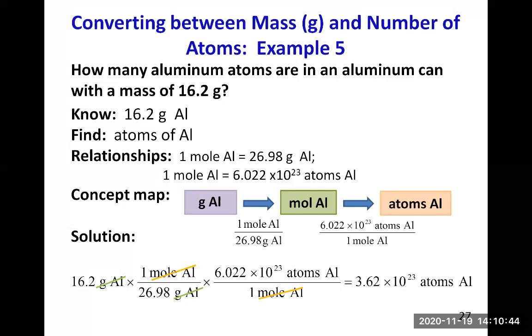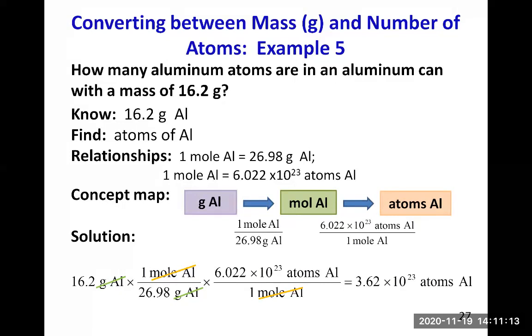So if you look at the number of atoms, you expect to have a number in scientific notation with an exponent in the 20s, like here 10 to the 23, because the number of atoms should be huge, like the Avogadro number. And this 3.62 10 to the 23rd is about half of the Avogadro number.